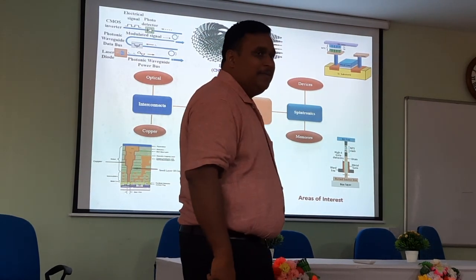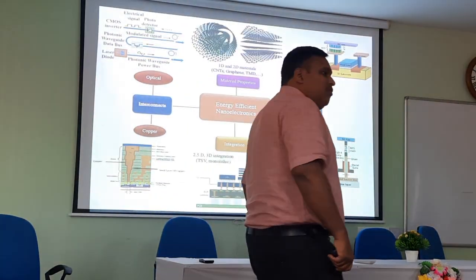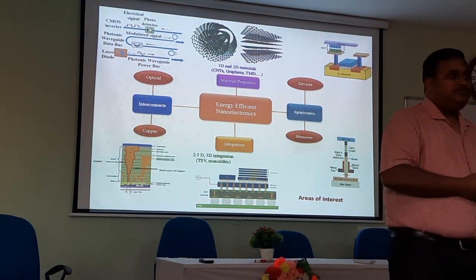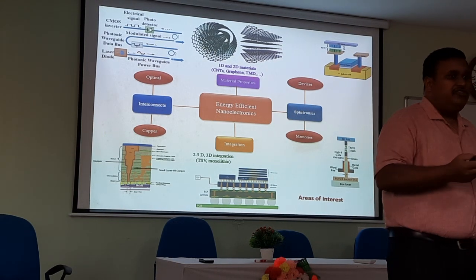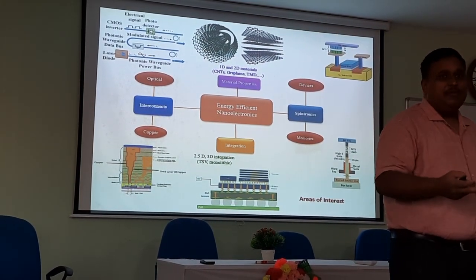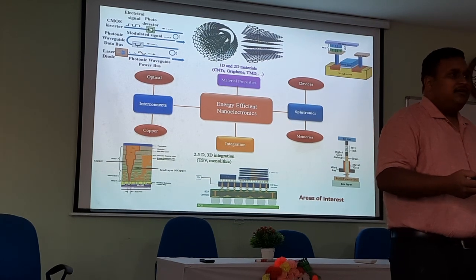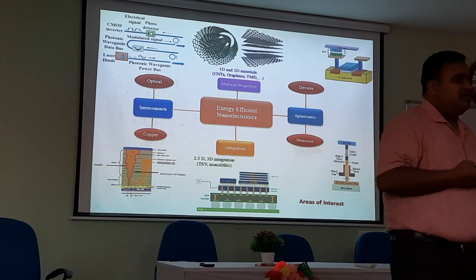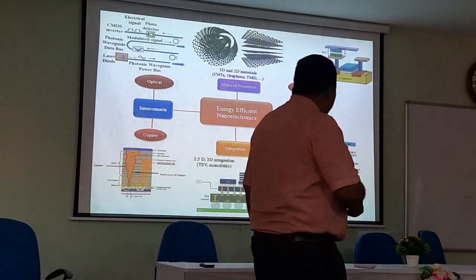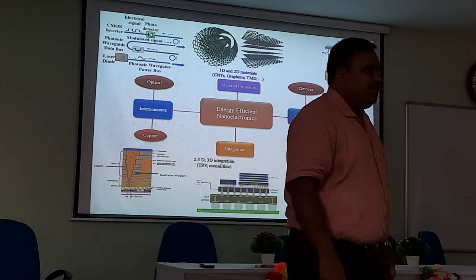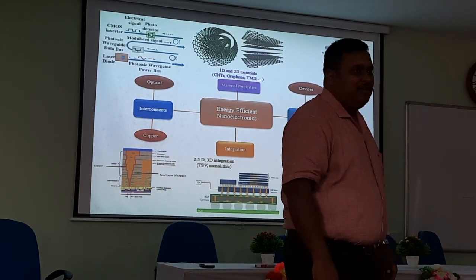The MTJ is here, and the gate all around transistor has much more control because it is GAA, gate all around. It has more control, more driving capability, right? So we could achieve the same performance using the gate all around transistor with this MTJ stack. And still the transistor is bigger.